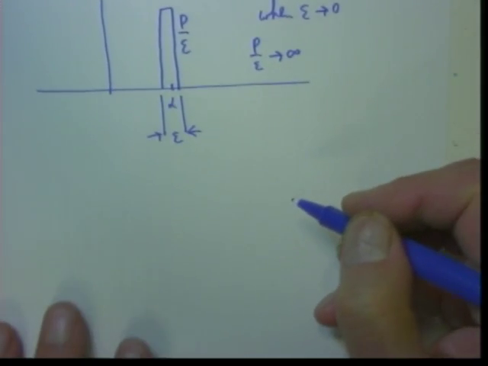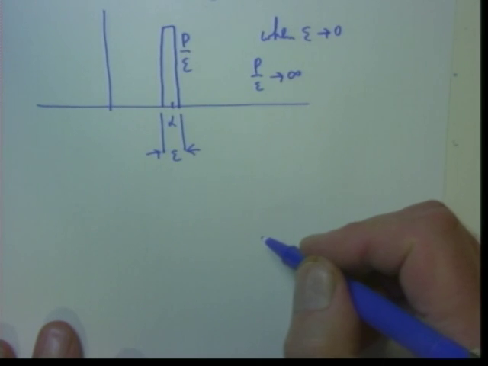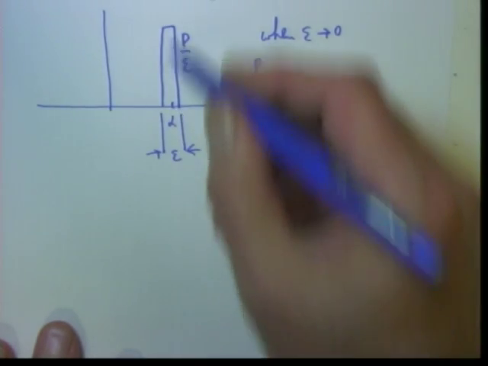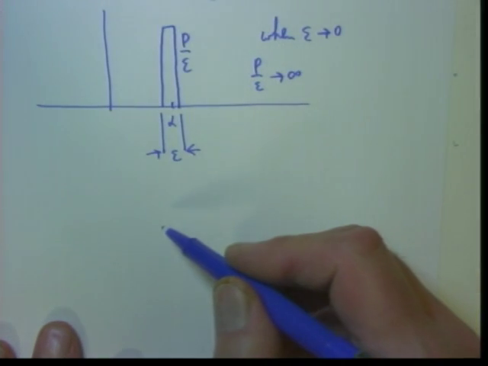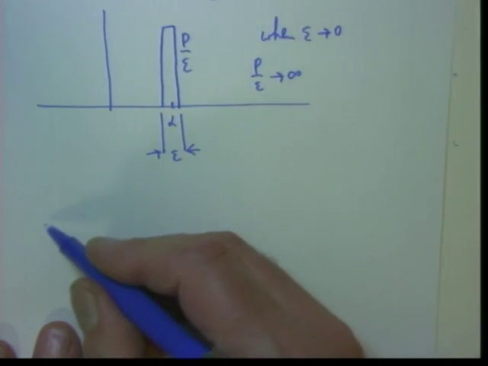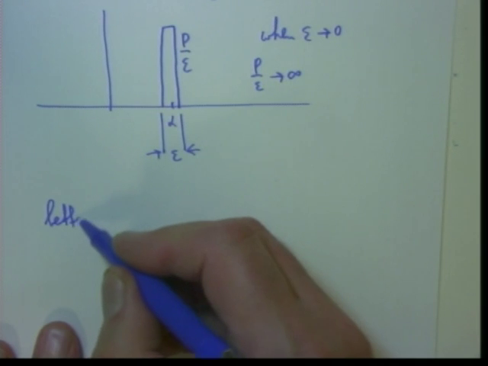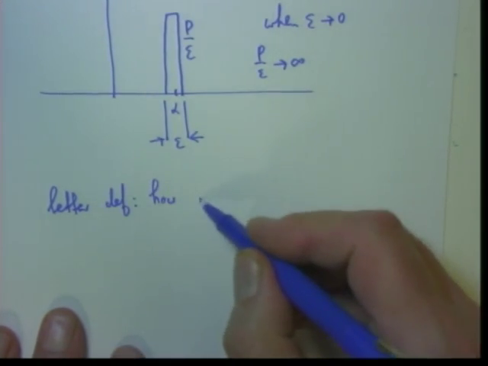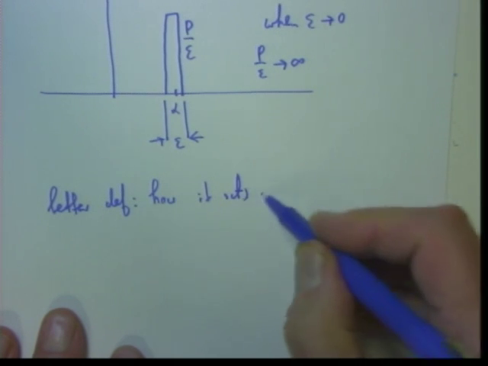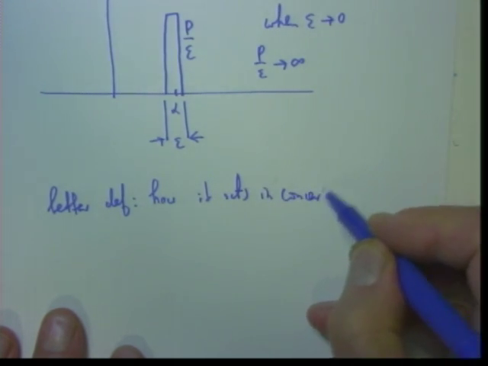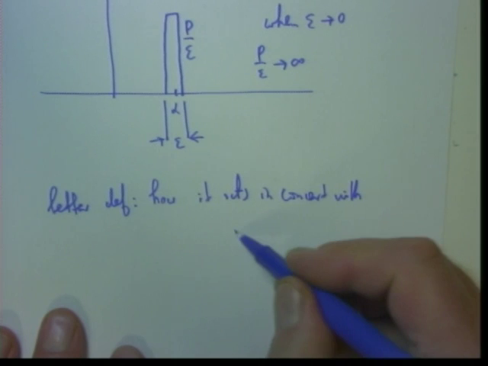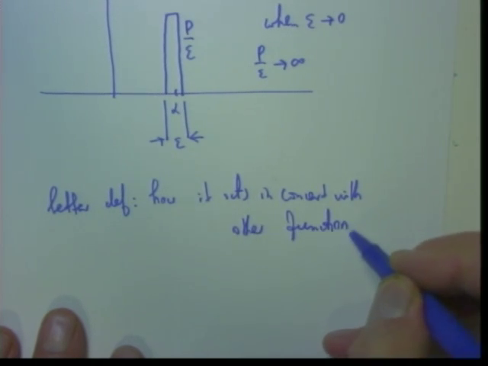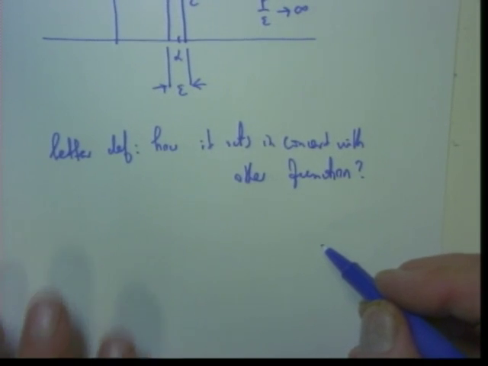So the function is 0 everywhere, but is infinity here. Then a better definition is how it acts in concert with other functions. So that is the main thing.